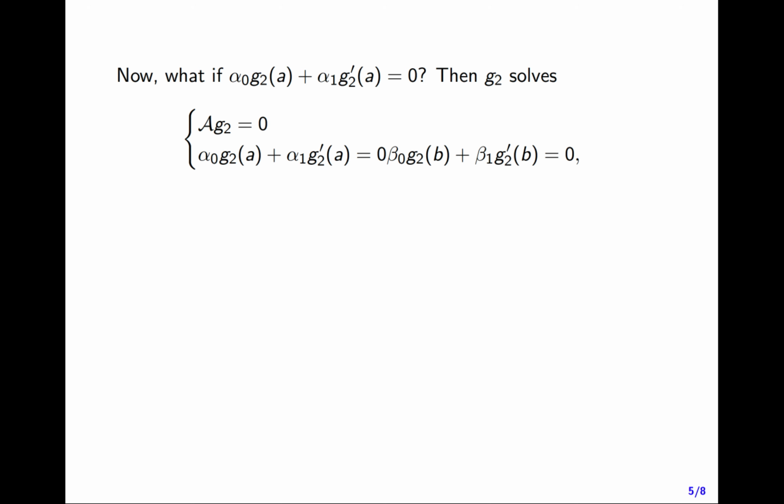You see that g2 solves the boundary value problem: A on g2 equals 0, alpha 0 g2 of A plus alpha 1 g2 prime of A equals 0, and beta 0 times g2 of B plus beta 1 times g2 prime of B equals 0. In other words, g2 is a solution to the full boundary value problem.